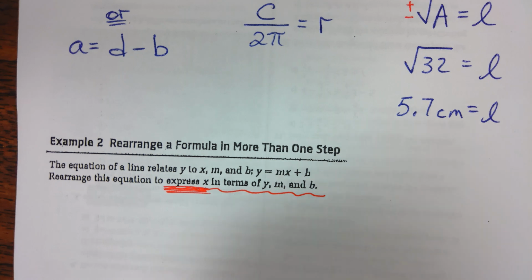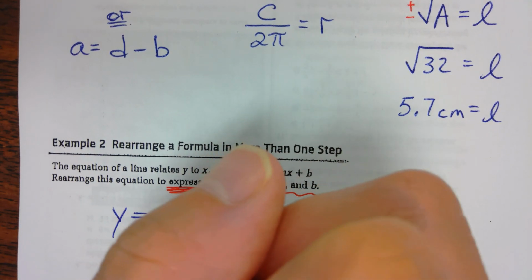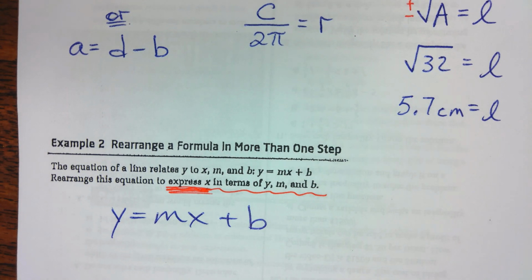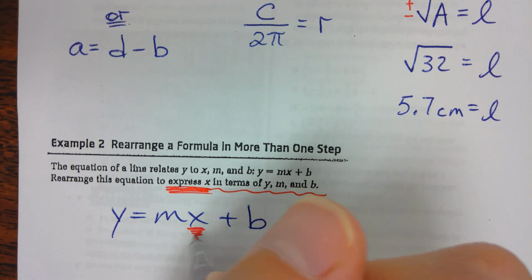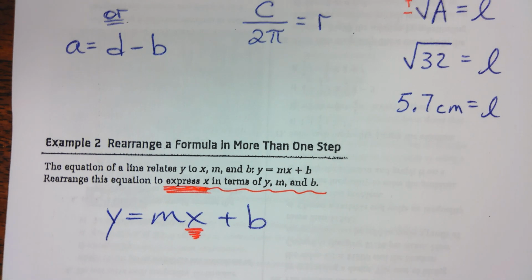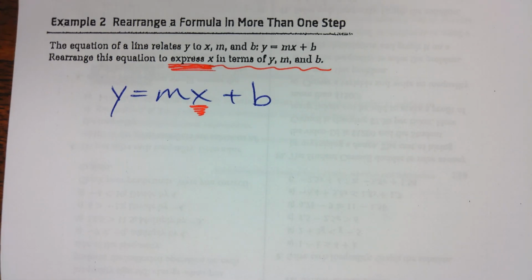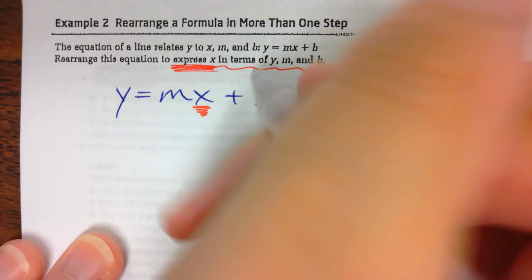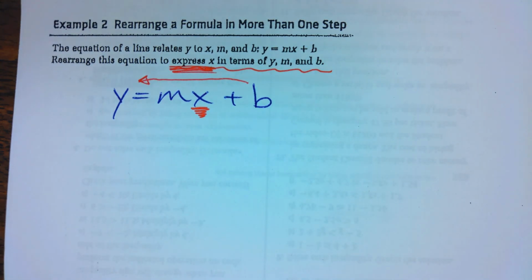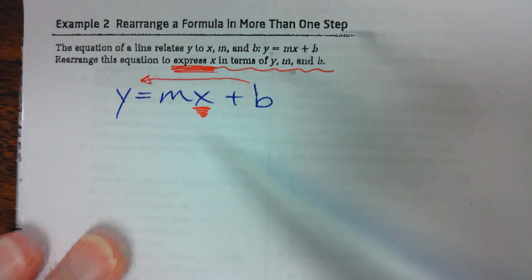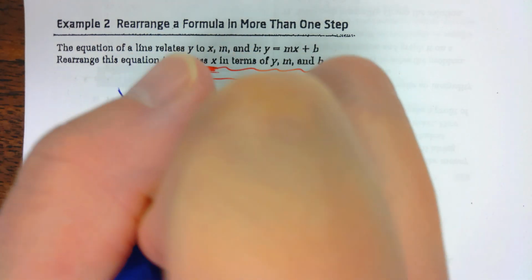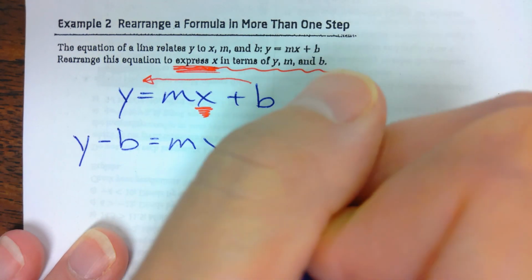So y equals mx plus b. I want x by itself. I want x equal. I don't want y equal. What do I move away first? The b, just like how we normally do when it's a number. Move the adding and subtracting first. So I get y minus b equals mx.